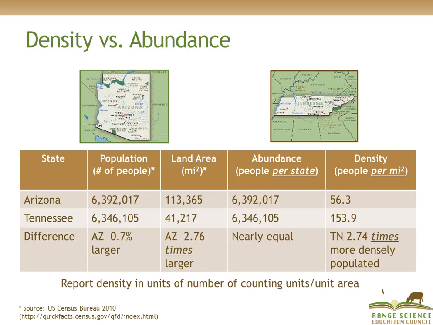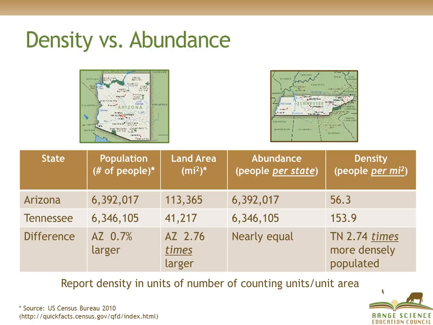Arizona is slightly over 113,000 square miles, whereas Tennessee has a land area that is 41,217 square miles. So the size of Arizona is approximately 2.76 times larger than that of Tennessee.